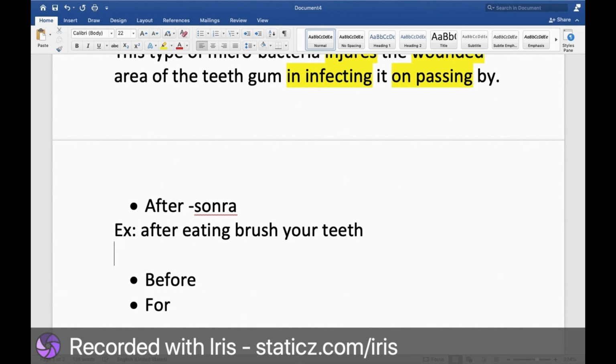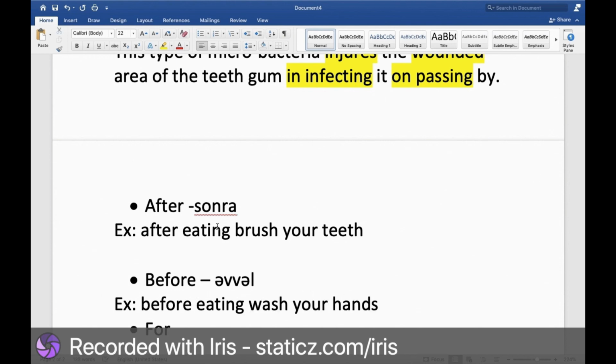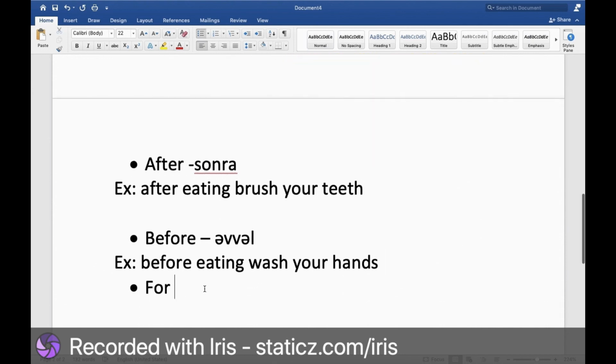I believe that you know this, right? And before means "evvel," which you can also use as a preposition. "Before eating, wash your hands."